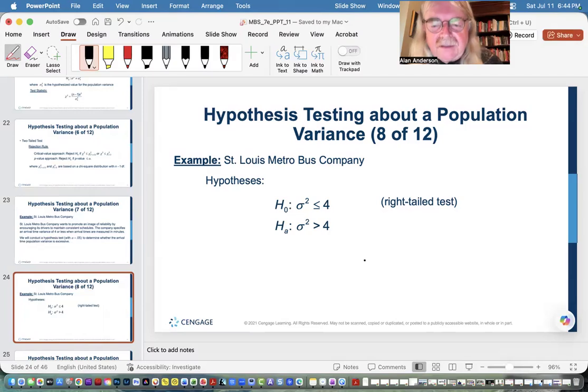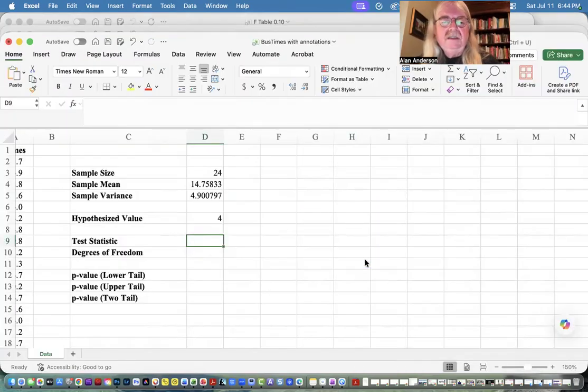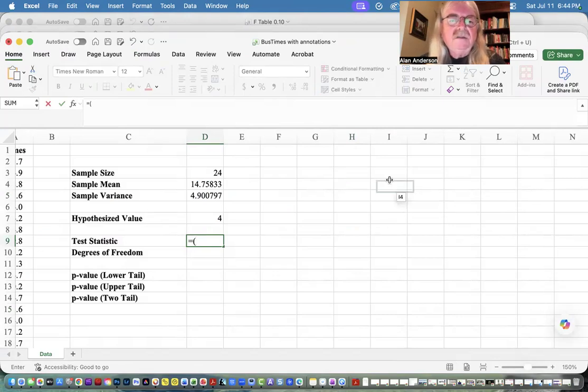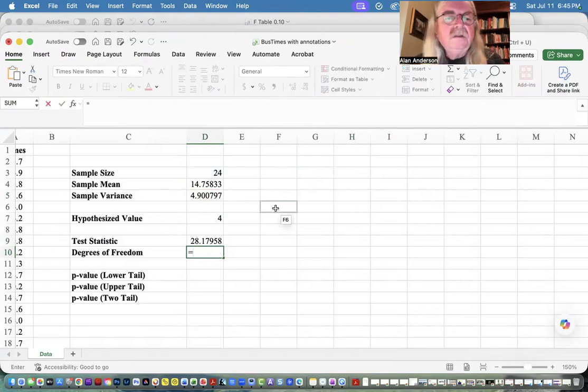The test statistic is this one. We've seen this before. N minus 1 times S squared, all divided by the hypothesized value of 4. Okay. Degrees of freedom is N minus 1. Sample size minus 1.